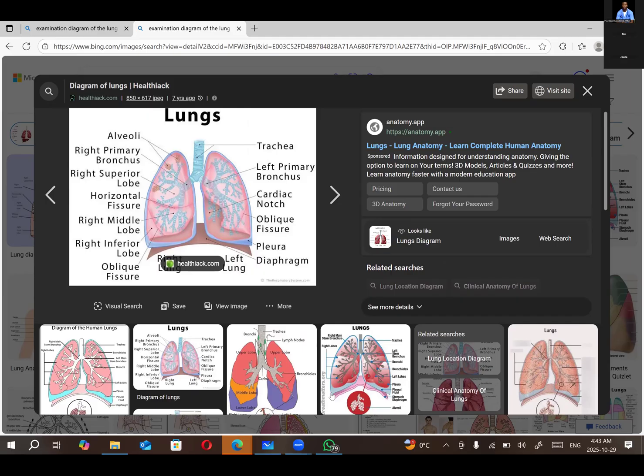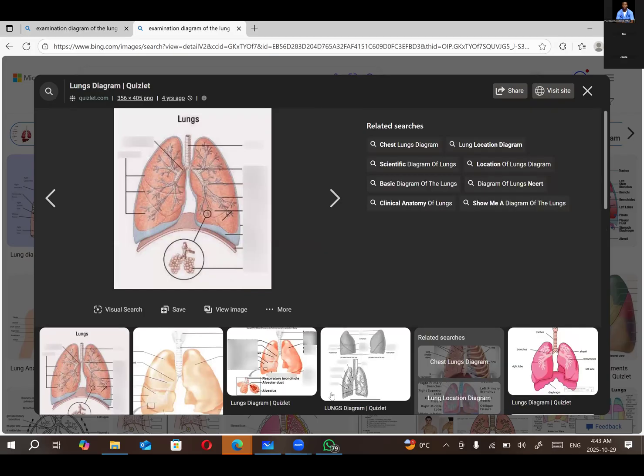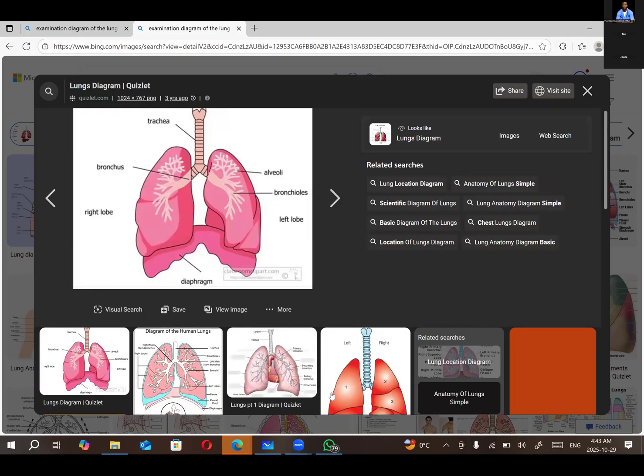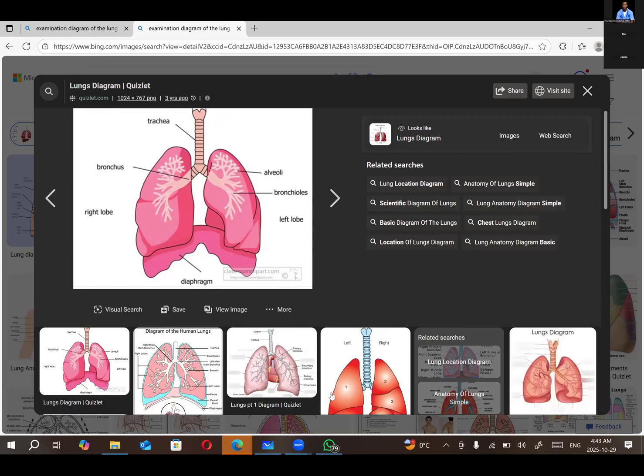Now, when you take a typical lung, it has the bronchi, it has bronchioles, it's on the diagram. Bronchi, bronchioles, it has the alveoli.